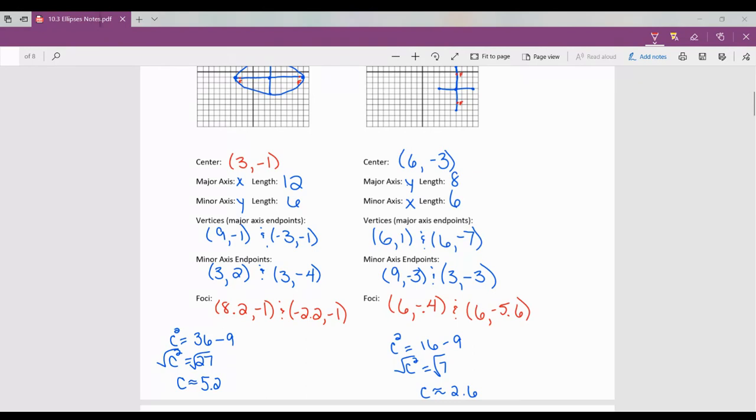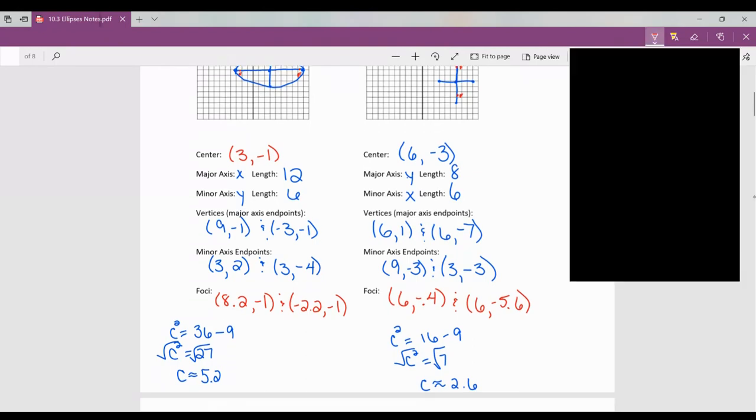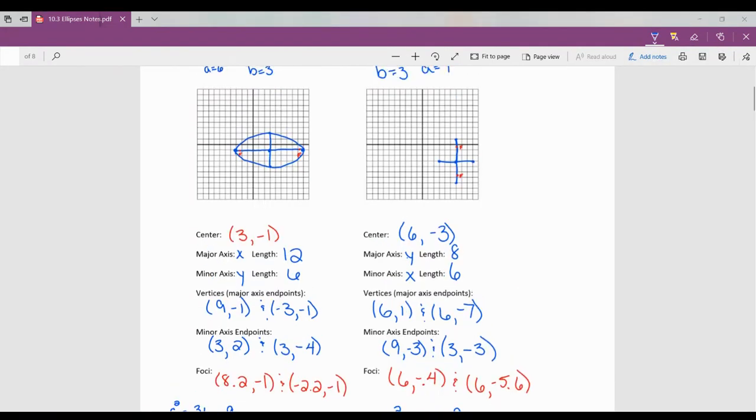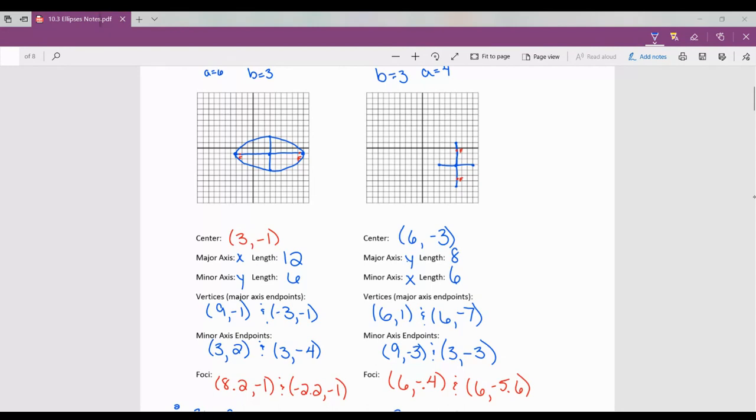All right, and then the last thing is just to connect those dots to create that elliptical shape or the oval shape. Oh, this one's going to be a little dicey.